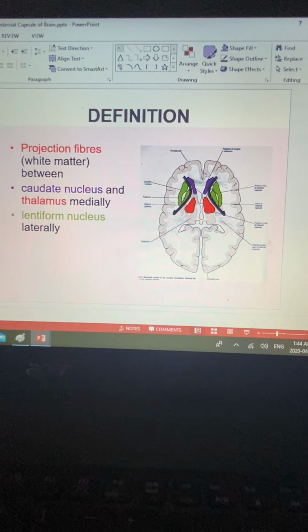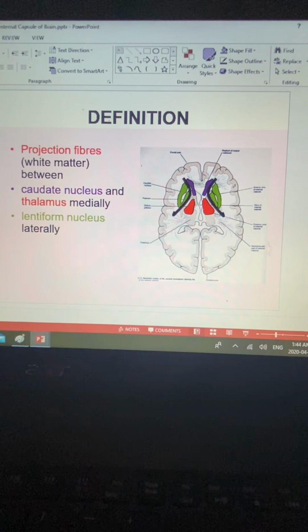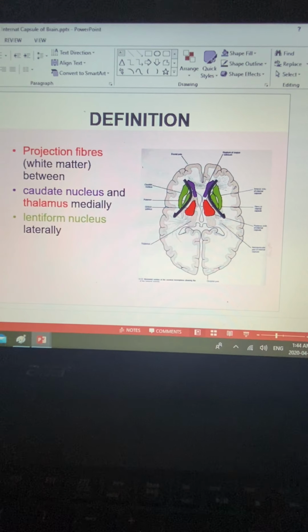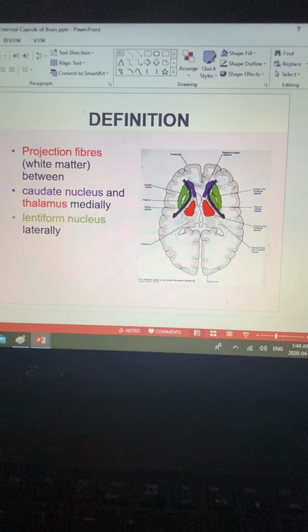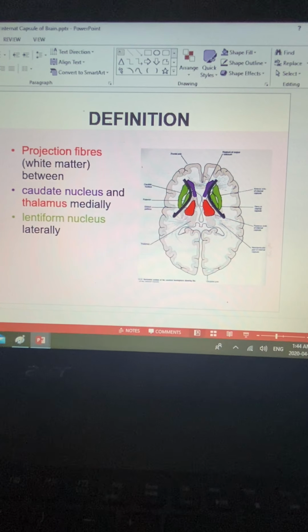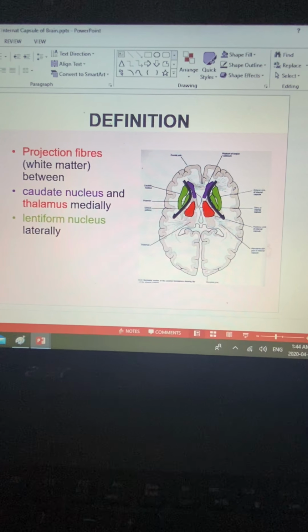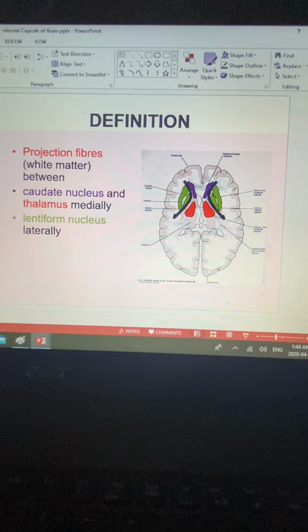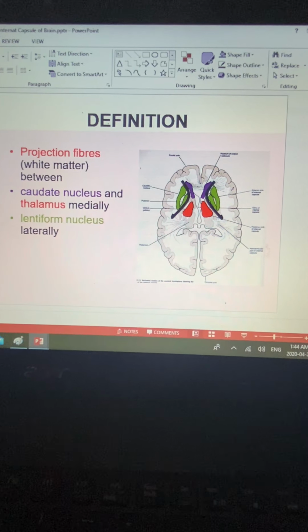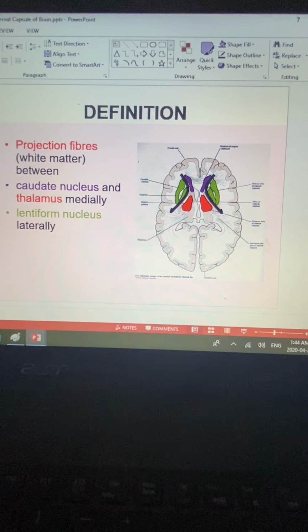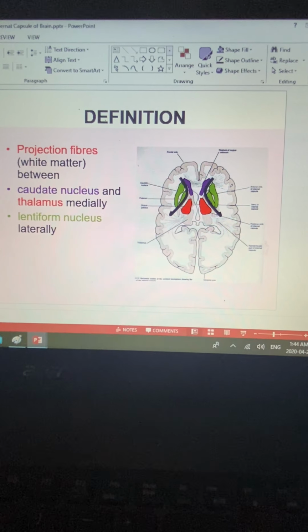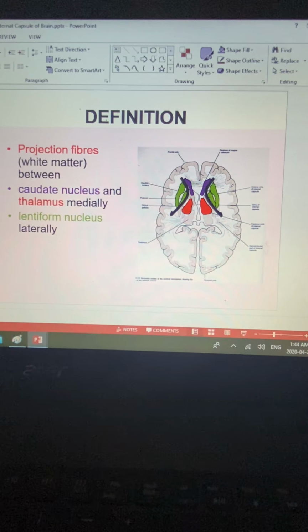Describing its location in the cerebral hemisphere, we say that the caudate nucleus and thalamus, the purple and orange structures, are lying medially. The lentiform nucleus is lying laterally, right?